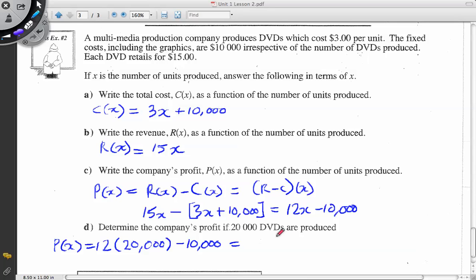Okay, I don't have a calculator at hand, but I'm thinking that's 240,000 minus 10,000. So what's that? I think I'm doing this correctly. 24 is, yeah. So we have $230,000 profit.